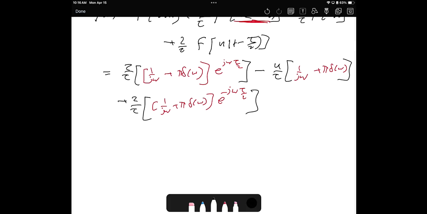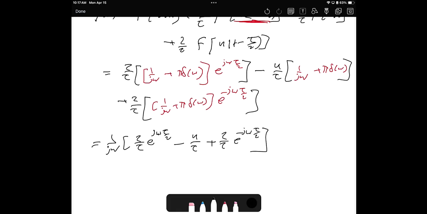We can take the terms of 1 over j omega alone and the other terms with pi delta alone. So let's try to group 1 over j omega alone. This will be 2 over tau e power j omega tau over 2 minus 4 over tau plus 2 over tau e power negative j omega tau over 2.